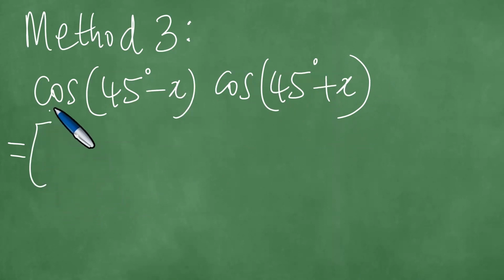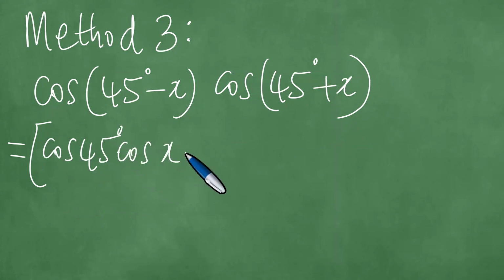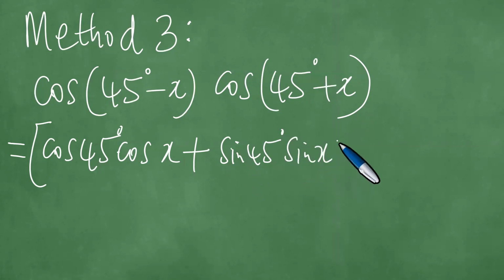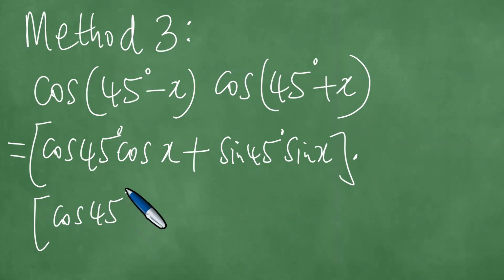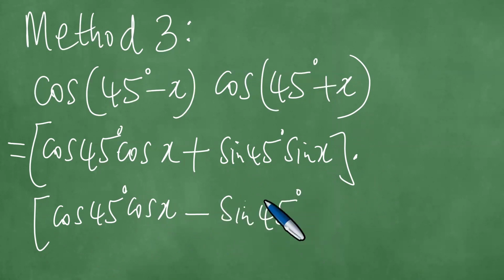So in which case we perform the expansion here, which is the cosine of 45 degrees cosine of x plus the sine of 45 degrees sine of x, multiplied by the cosine of 45 degrees cosine x minus the sine of 45 degrees sine of x.